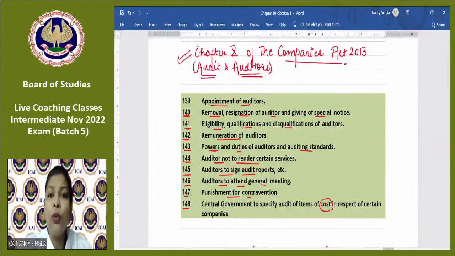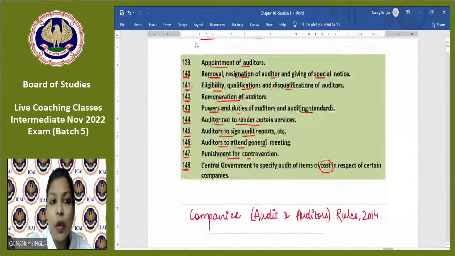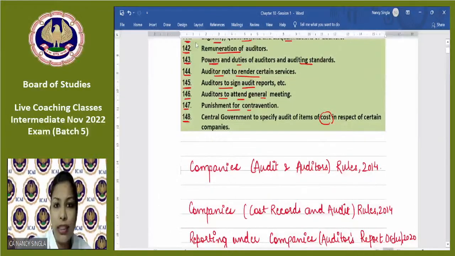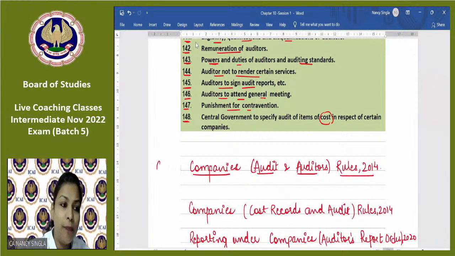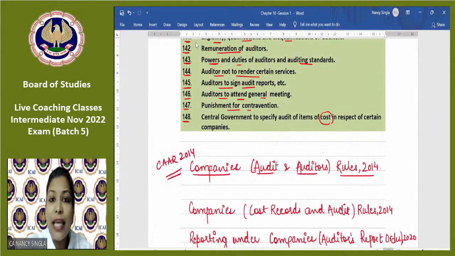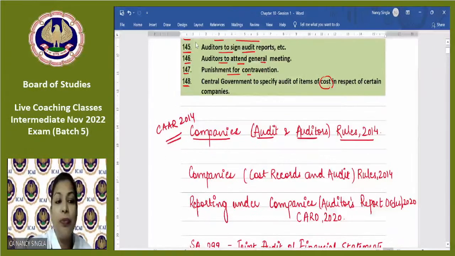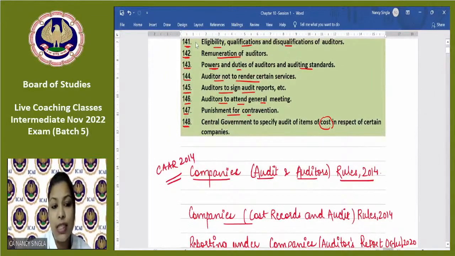As I've told you that along with the Companies Act, since it is a rule-based act, corresponding rules to this chapter, chapter number 10 is what? Companies Audit and Auditor Rules 2014, that is CAR 2014. Okay, so we'll be referring to these rules also. Then when we'll be doing cost audit in detail, you will come across Companies Cost Records and Audit Rules 2014.